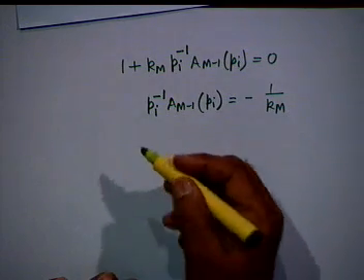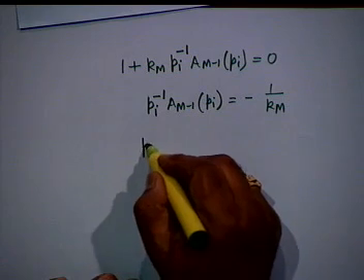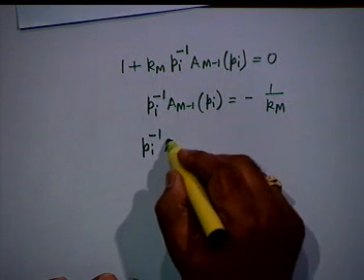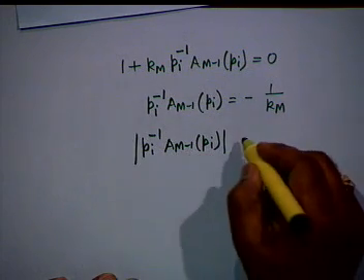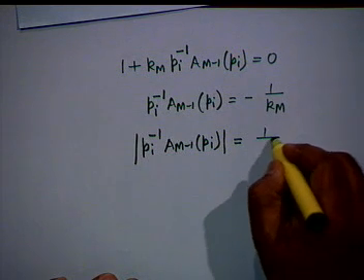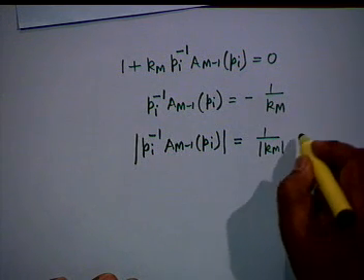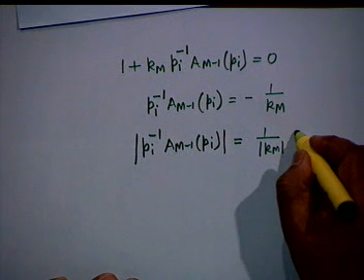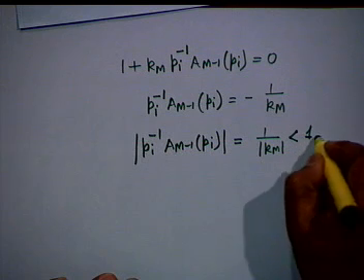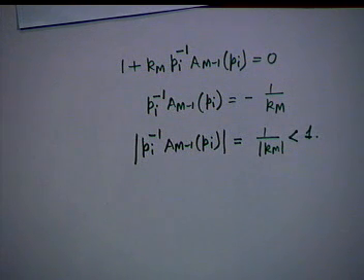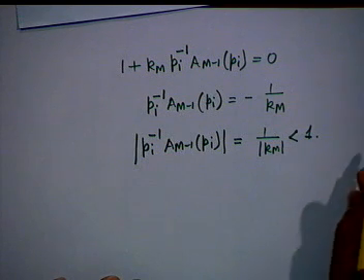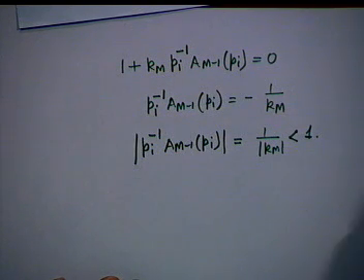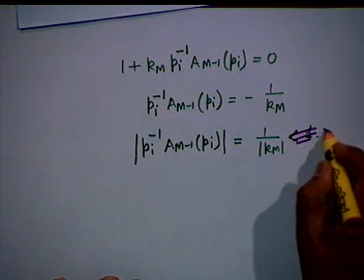Agreed? If I take the magnitudes on both sides, then Pi inverse Am minus 1 Pi should be equal to 1 over Km, that is greater than 1. Do not allow me to make a mistake. This is greater than 1.